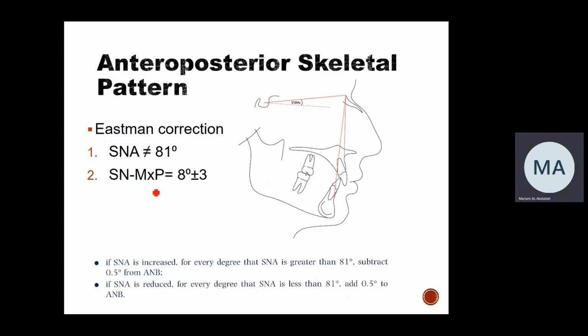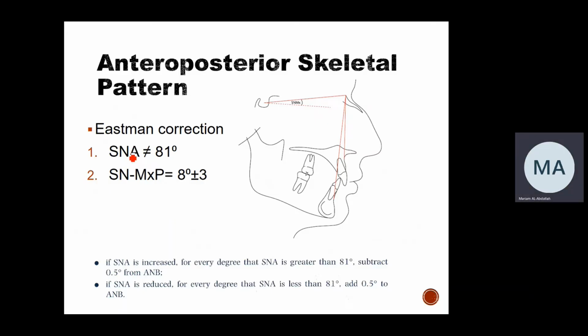If the SN maxillary plane angle scored average 5 to 11, that means we can actually apply Eastman correction. If it's above 11 or below 5, we cannot apply Eastman correction. Eastman correction is not applicable.